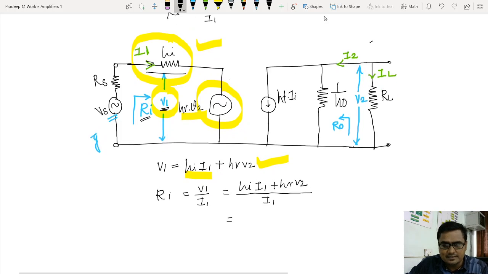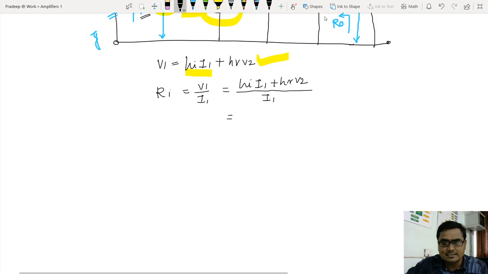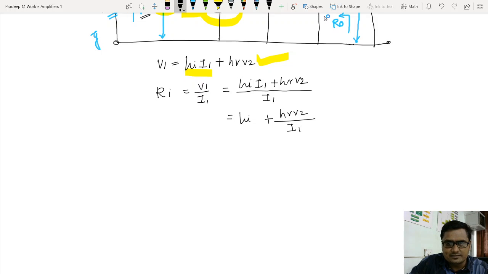Now if I split this, what am I getting? I am getting Hi I1 divided by I1, so I1 will get cancelled, and finally I am left with Hi. Then it is Hr V2 divided by I1. So what I am getting for Ri, the input impedance, is equal to Hi plus Hr V2 divided by the value of I1. Right.